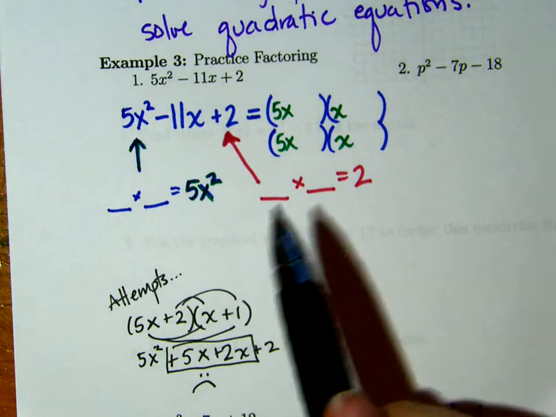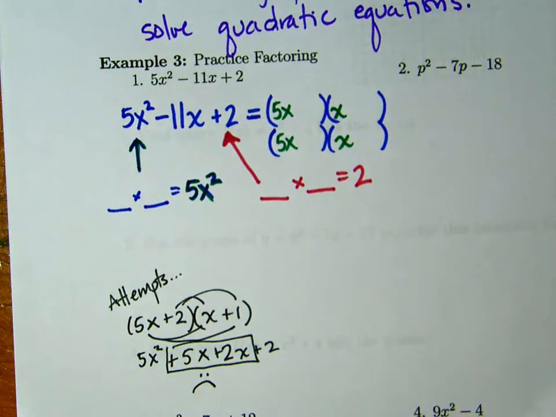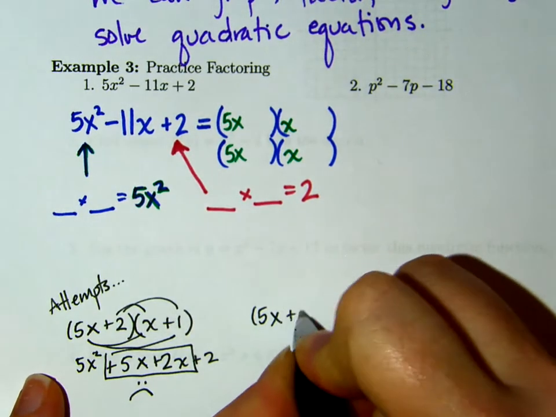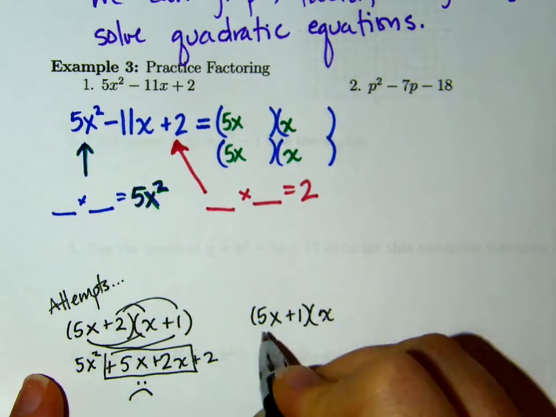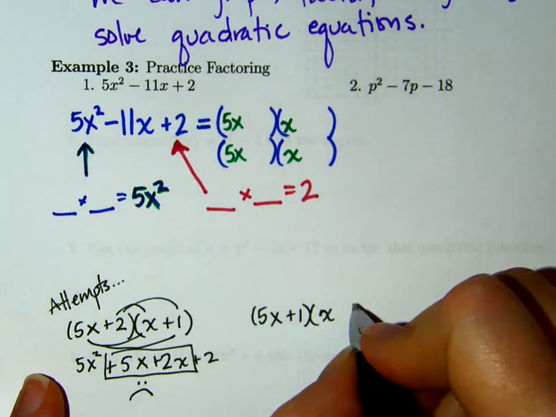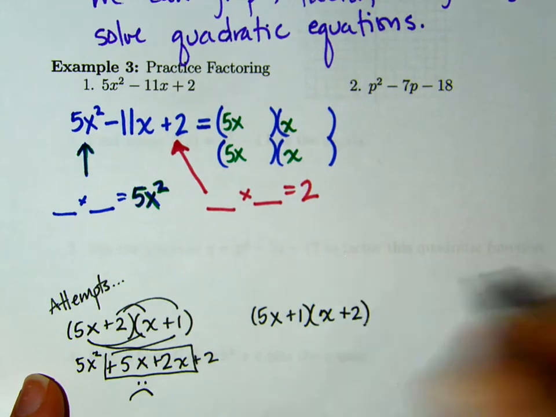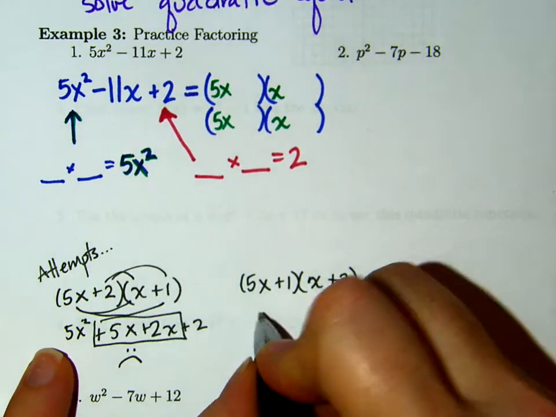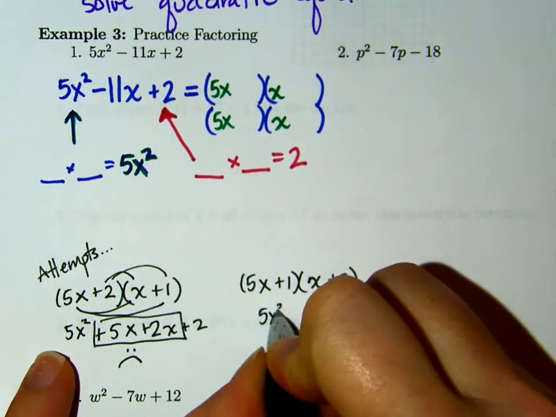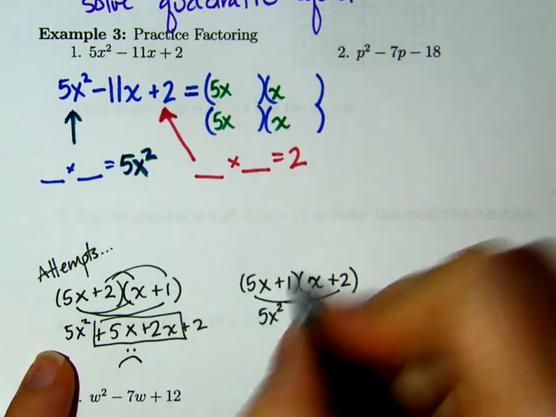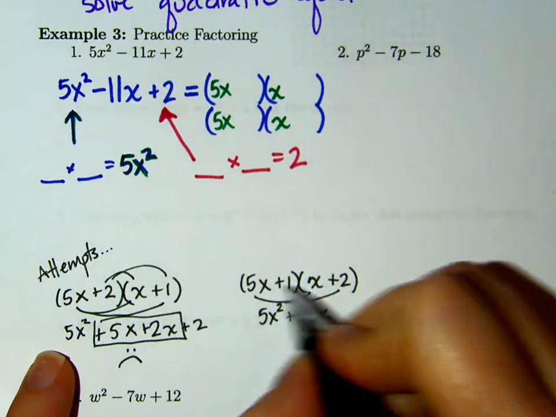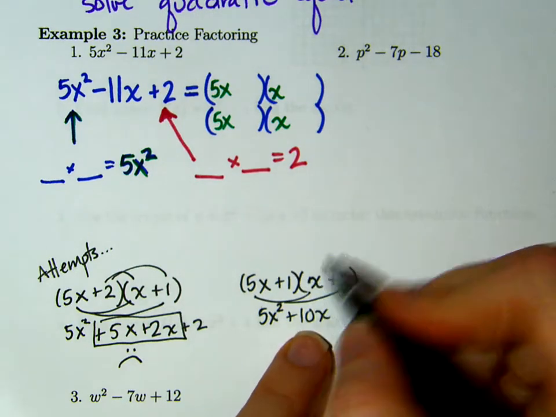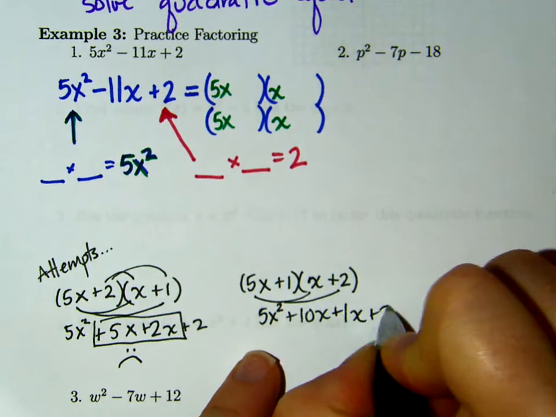What if I did, instead of 2 by 1, 1 by 2? So what if I did 5x by x to get 5x squared and 1 by 2 to get the 2? So here we go. This would be 5x squared plus 10x, because 5x times 2 is 10x, and 1x, plus 2.